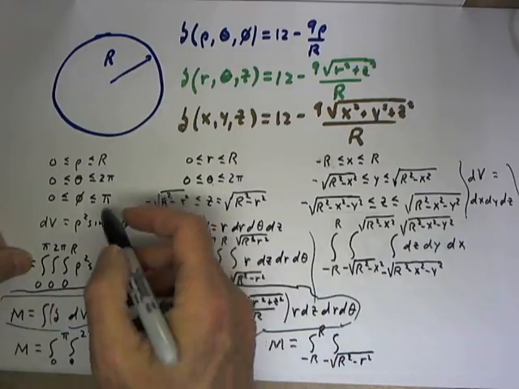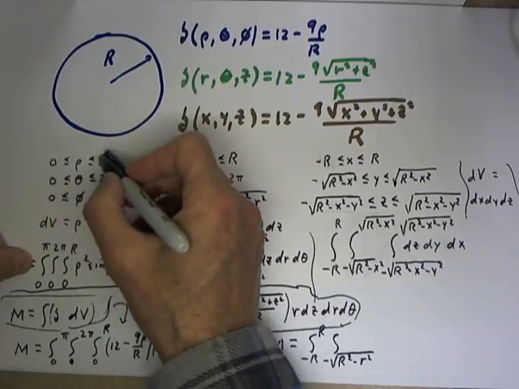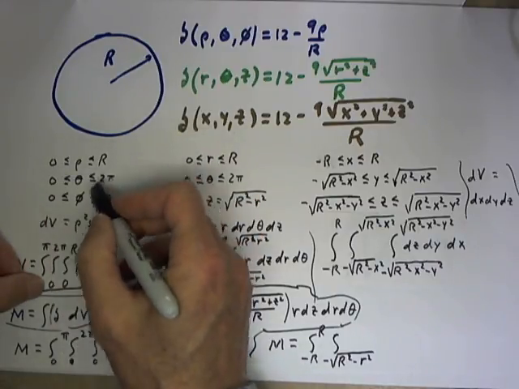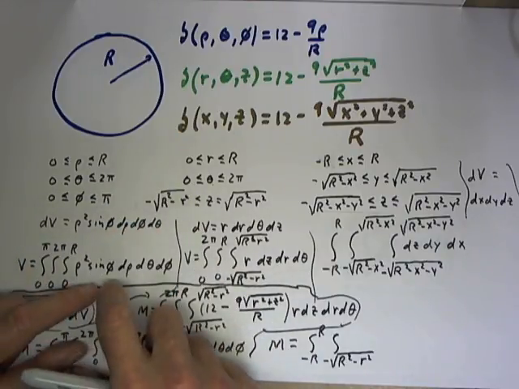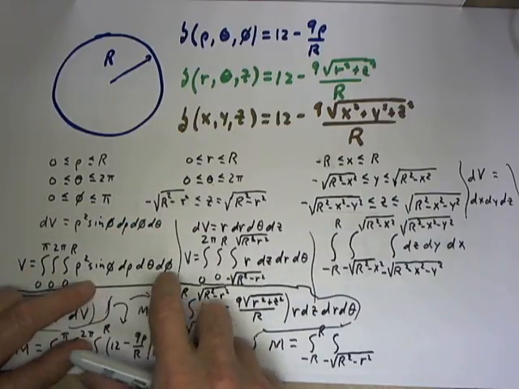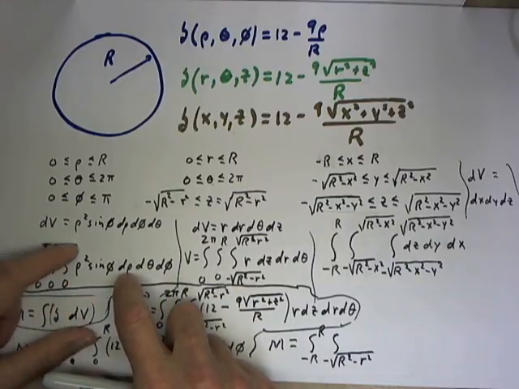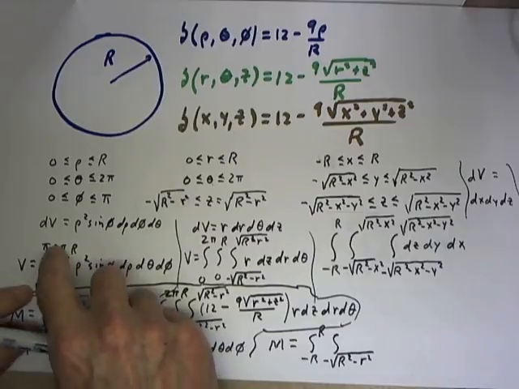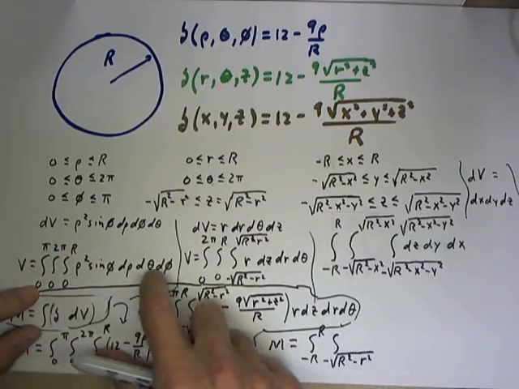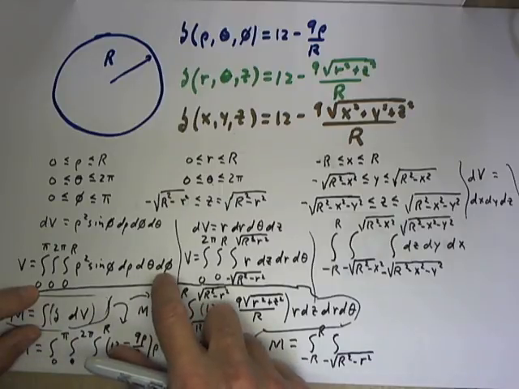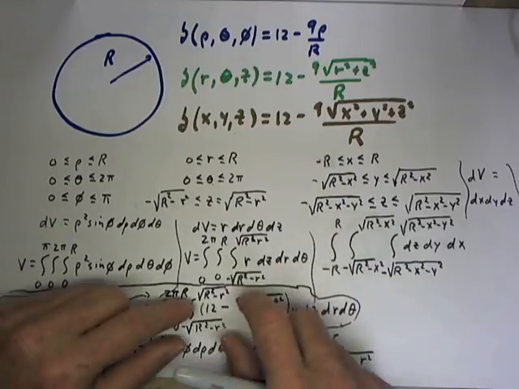So if we want to let rho go from 0 to R, then theta from 0 to 2 pi, and phi from 0 to pi, that's fine. In other integrals, the order might make a difference, but since there is no rho, theta, or phi dependence in any of these limits, there's no reason for one particular order of integration to take preference over any other.